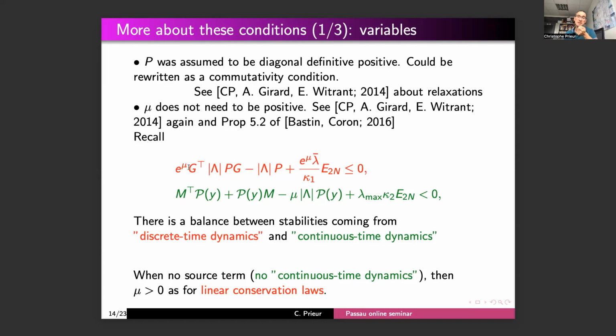This is very classical for linear hyperbolic systems without any source term. We impose mu to be positive, but in fact we don't need it if we have a balance between both conditions. We just have to be a little more careful. So it helps us to relax the classical conditions that we have. Okay, so P does not need to be diagonal, but it helps. Mu does not need to be positive.